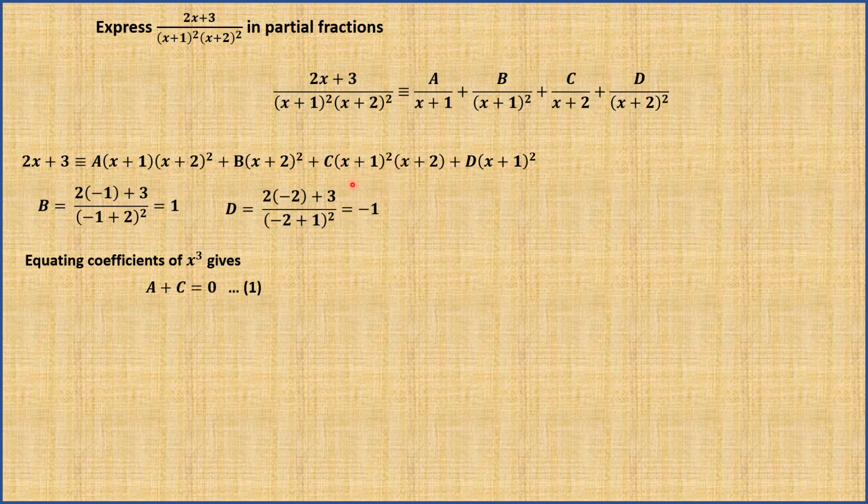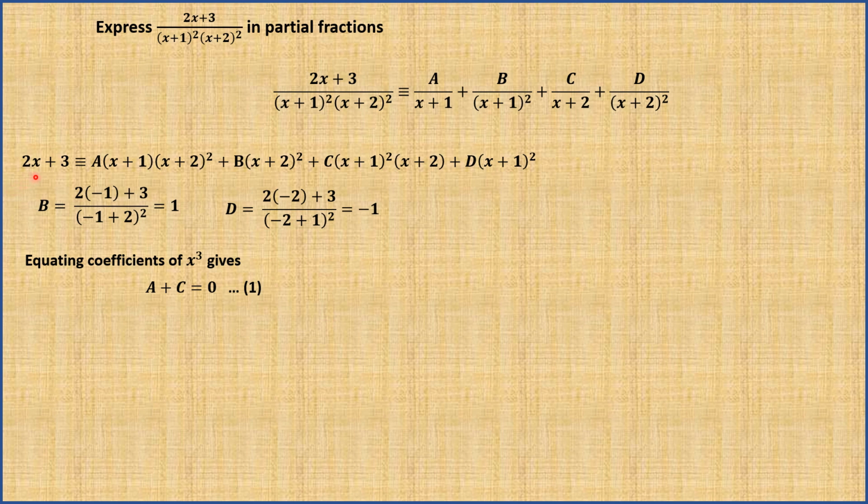So when I expand this, we just have something x cubed, and the coefficient will be 1 times this c, which gives us c. So the sum of the coefficients of s cubed on the right hand side is a plus c, and that will equal the coefficient on the left, which is 0, as you can see. Now that's the first equation.